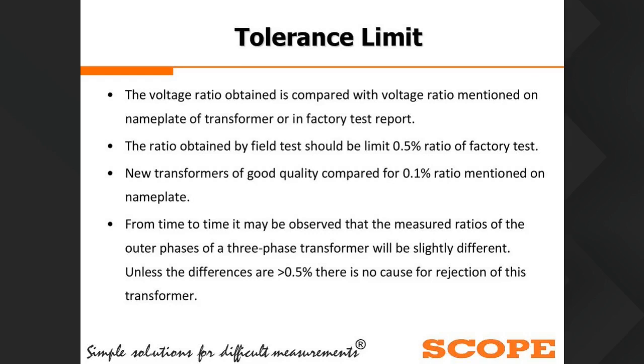We need to take some base results, from the nameplate of the transformer or the routine test or factory test report. Then the ratio obtained by the field test should be within the recommended limit: 0.5% of the base results, or the factory result. Up to 0.5% tolerance will be acceptable. Above 0.5% will not be acceptable.